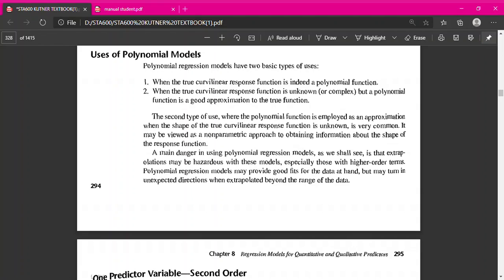Maksudnya assumption of the linear regression tu. Kalau kita plot the scatter diagram and we see that there is no linear association between the variables, maybe kita nampak ada curve ke, okay? So kita boleh proceed dengan polynomial model instead of linear regression model.